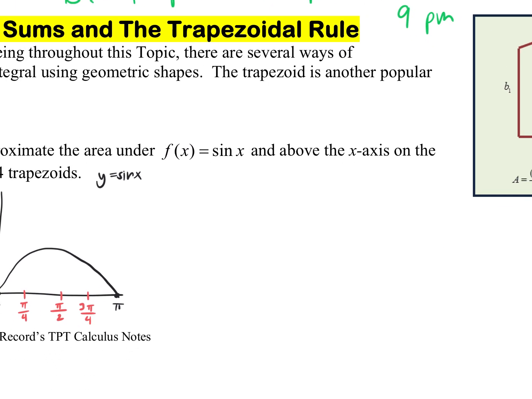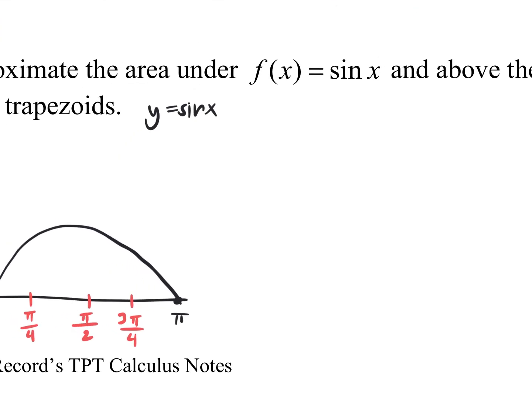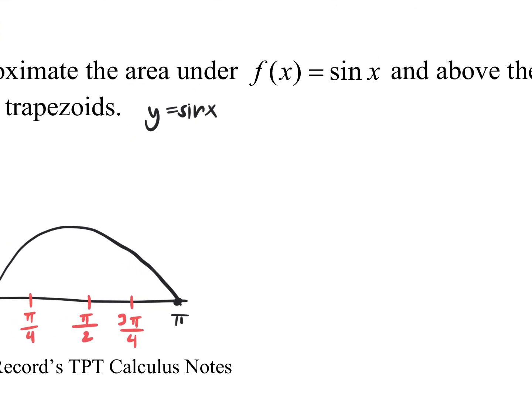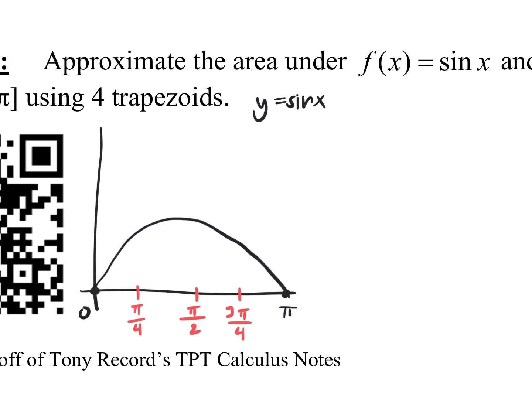Let's go ahead and draw. The first one will be in blue. My first trapezoid starts with the point here and a point at pi over 4 on the curve. I'll connect those two and bring them both down to the x-axis.